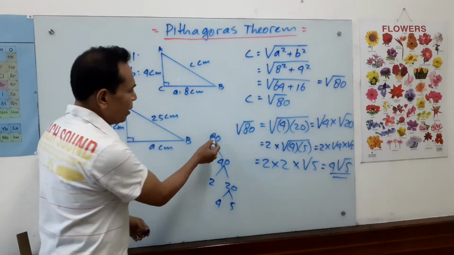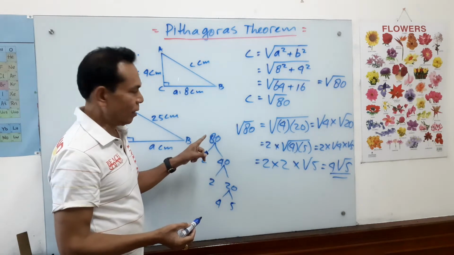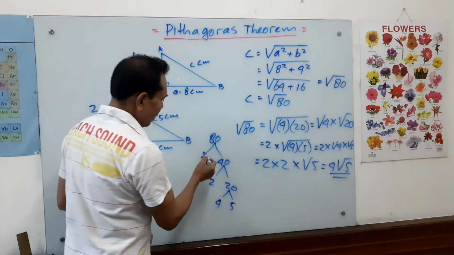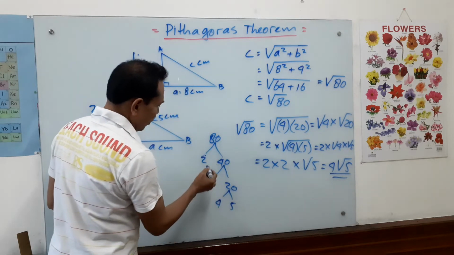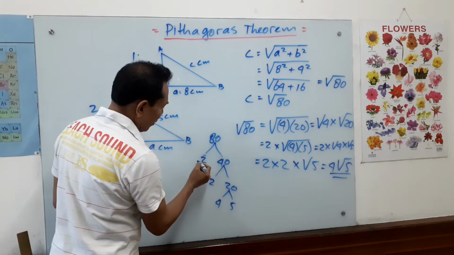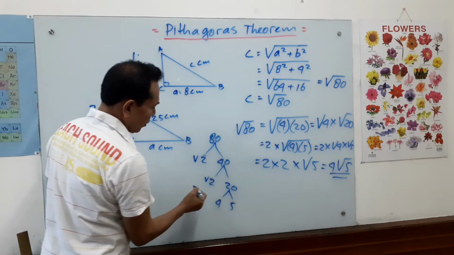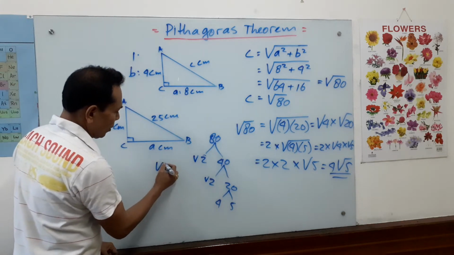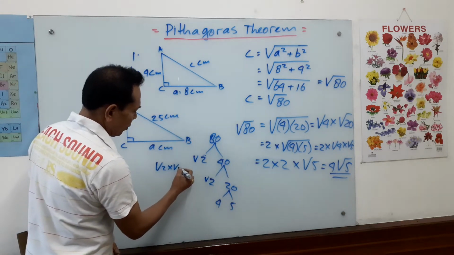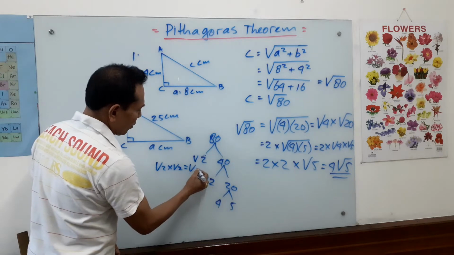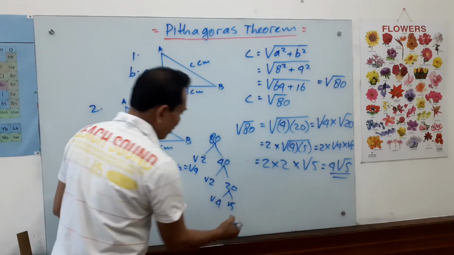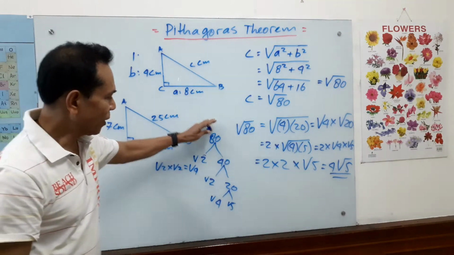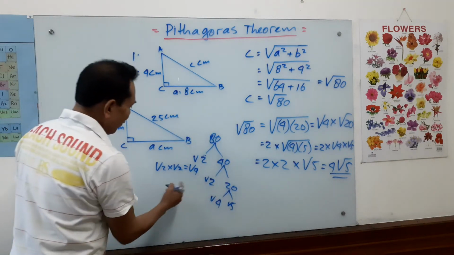Now, 80 is under a square root, so everything is square root. So square root 2 times square root 2 equals square root 4, and square root 4 is 2.